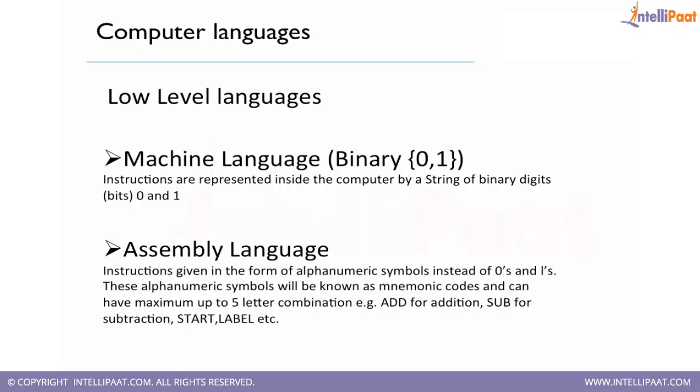It is very difficult for humans to understand machine level language, so that's why its name is machine level language. Assembly level language is one level of abstraction over machine level language, where we have operations that we can perform like add, sub, and so on.